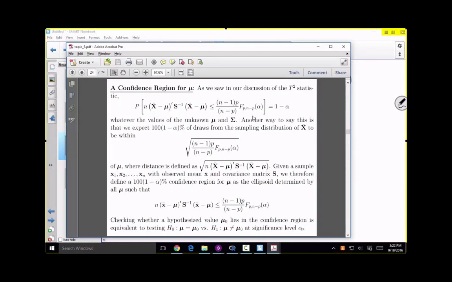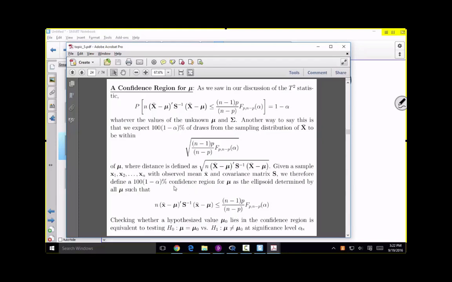So if I wanted a region for mu such that I could say the probability that mu is contained inside this interval equals a specified value, I can use this probability result to do that.